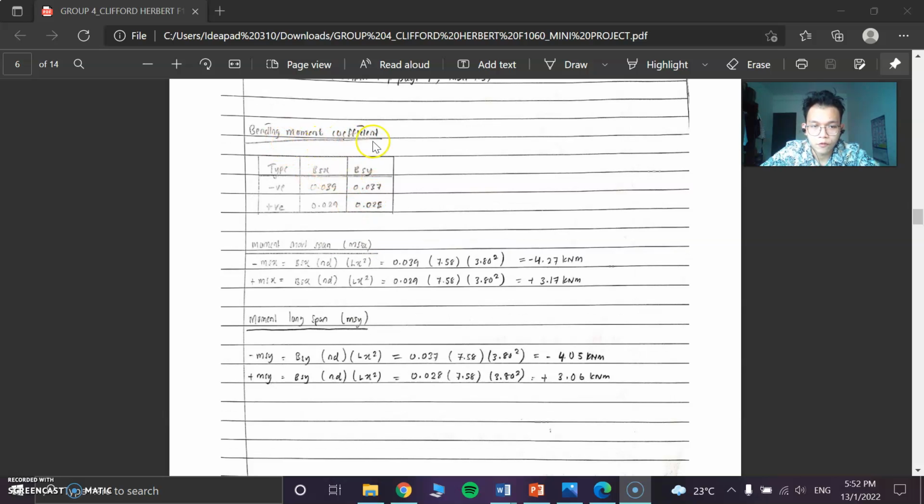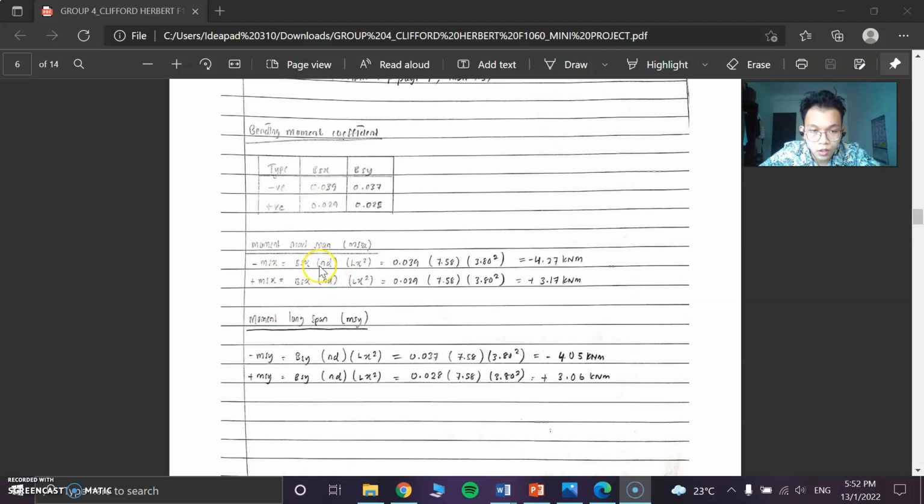For bending moment coefficient, BSX and BSY. For negative I've used 0.039, and for positive 0.029, and BSY 0.037 and 0.025.